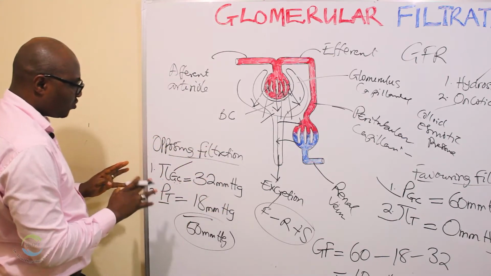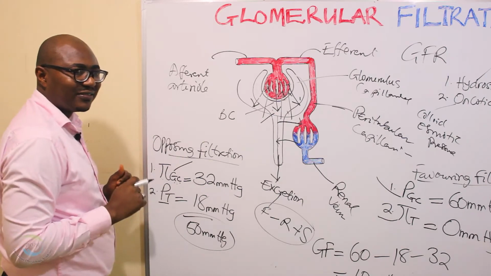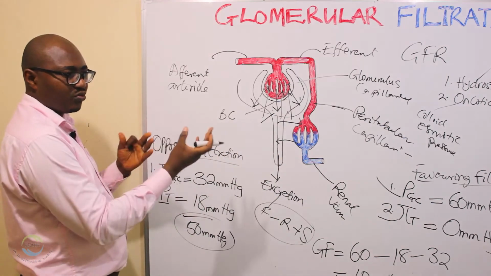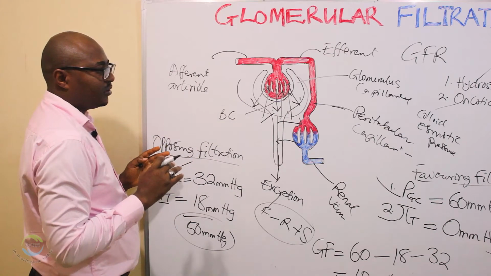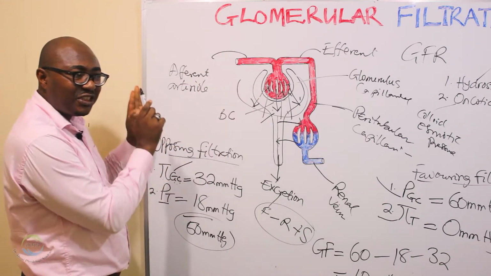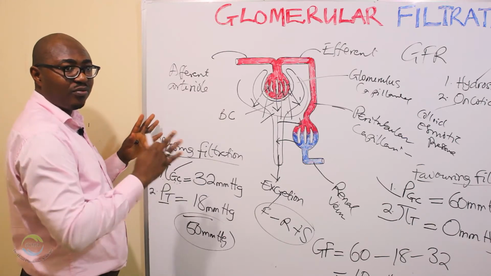So that is all we've talked about, the determinants, okay? And one final one is proteins too can favor filtration. And it's related to that tubuloglomerular feedback we mentioned in lecture 3 that relates to the factors that affect renal blood flow.